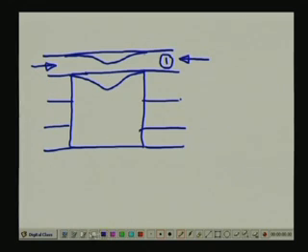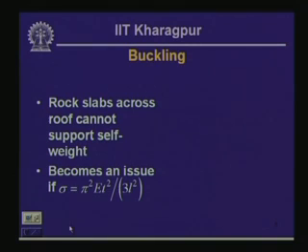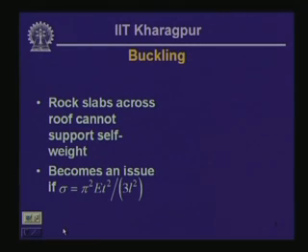Now, we are going to illustrate this problem with another animation, and this is the same tunnel that we were looking at when we were talking about squeezing because of large in plane compressive stress in the previous slide. Let us see what happens in this case.